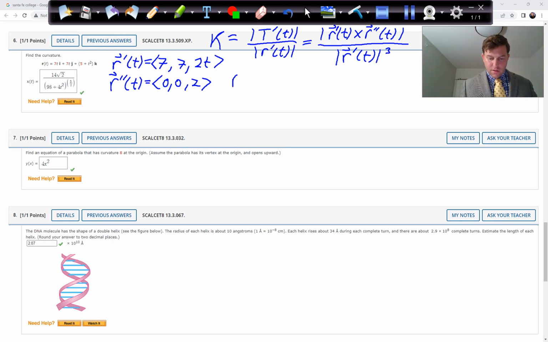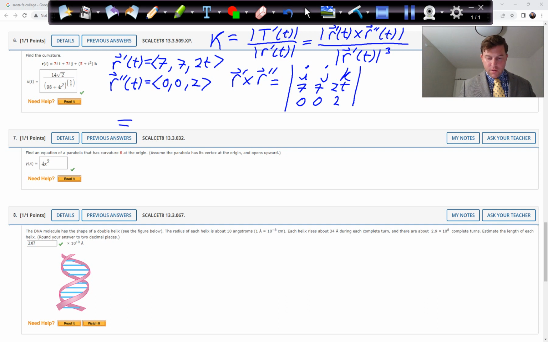Therefore, I will show this, I haven't shown in a while, r prime cross r double prime, this numerator, is going to equal the cross product of 7, 7, 2t, and 0, 0, 2.